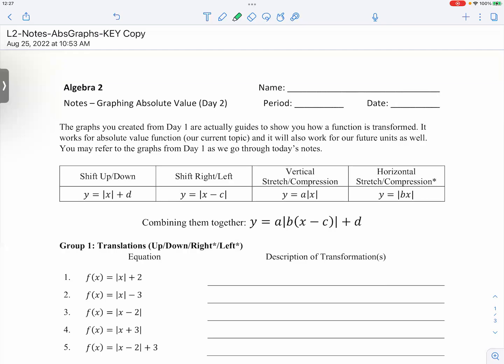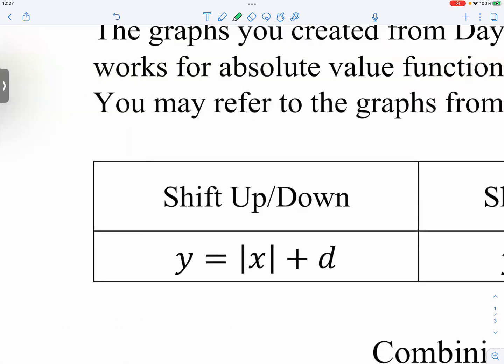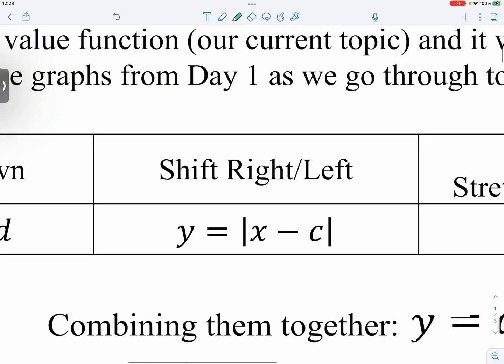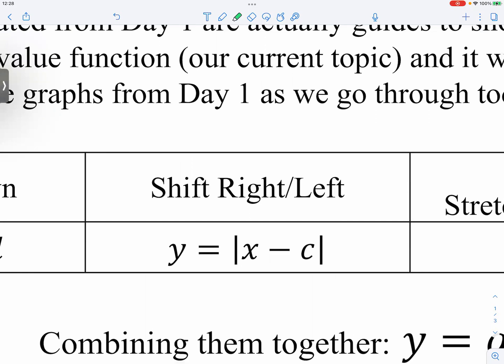So what we're going to do is formalize all our transformations. So we have seen shifting up or down, which is page 1 of your day 1 package. You know that it's always adding or subtracting a number outside the function. And then we said what? We said on page 2 of the day 1 package, we have x minus a number.